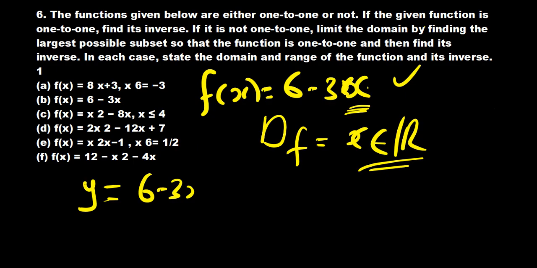All real numbers will still exist for f of x, like that. Then let's try to find one where we can restrict the domain or something like that. Okay, let's try C probably, so that we see where we can go.